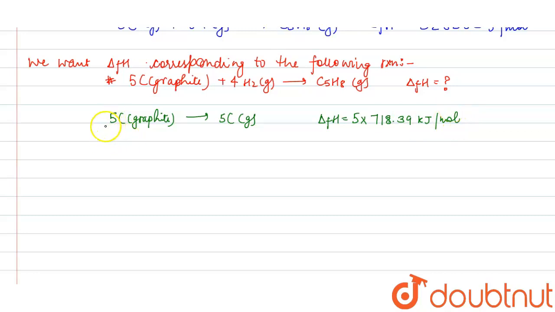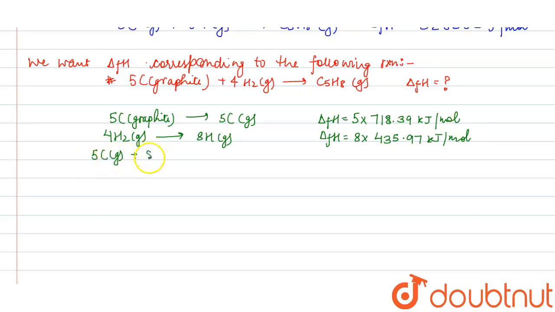Similarly, 4H2 gas is your molecule, so we need to dissociate these molecules into 8H gaseous atoms, and it will be equal to 8 into the enthalpy of dissociation of the H2 molecule given in the question, 435.97 kilojoule per mole.